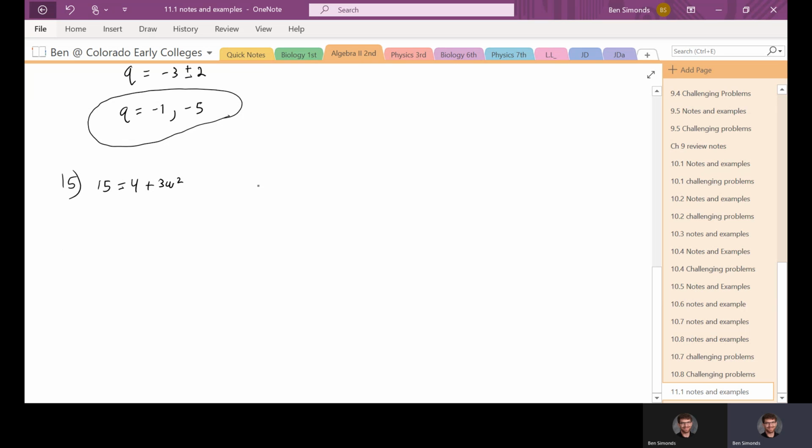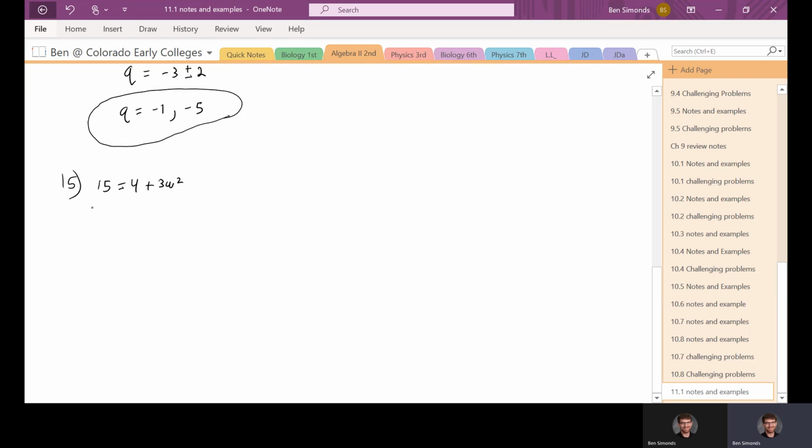If we took the square root now, we'd have square root of 15 on one side and square root of 4 plus 3w squared on the other side. That's not going to help us any, right? That square root hasn't helped us. So we can't just throw a square root at a quadratic. We've got to get everything except the square on one side first. Then we can use a square root and it might help us out.